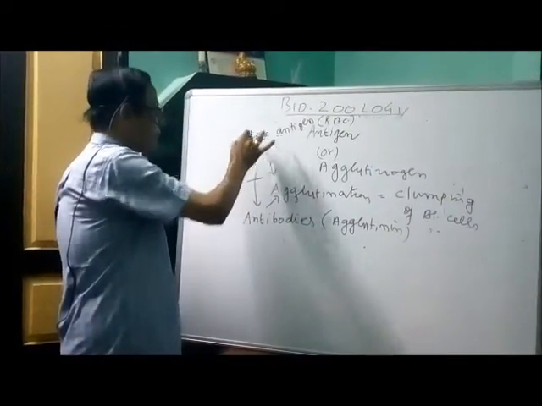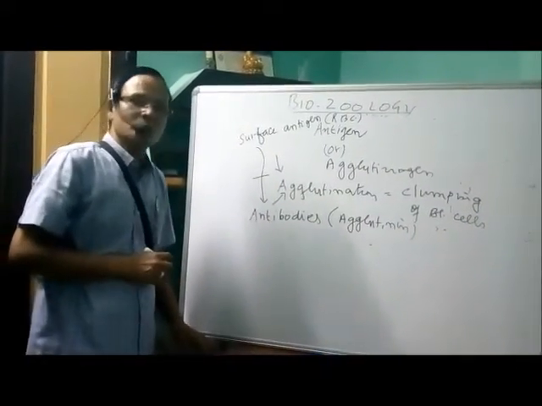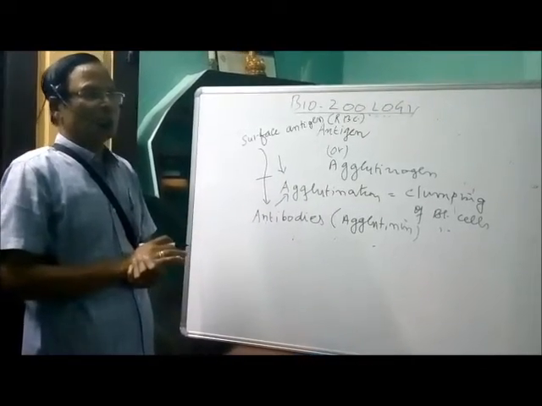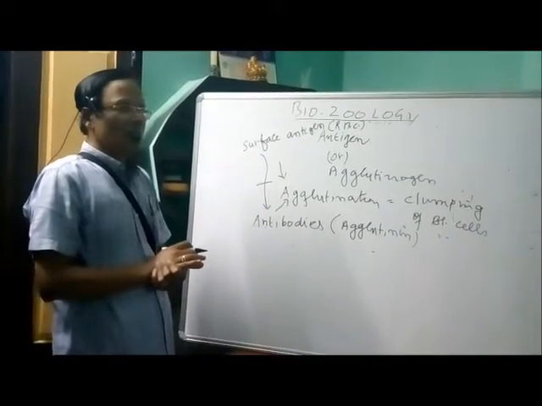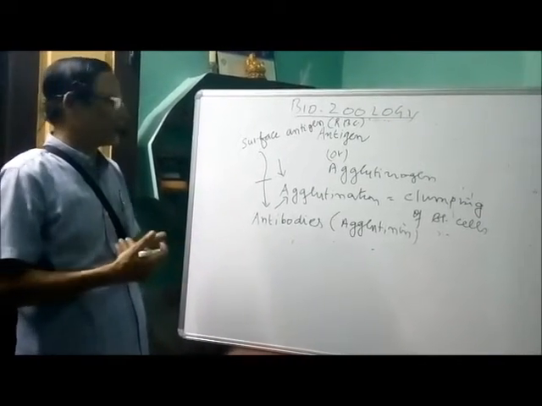So the antigen-antibody reaction results in clumping of blood cells, and that phenomenon is called agglutination.